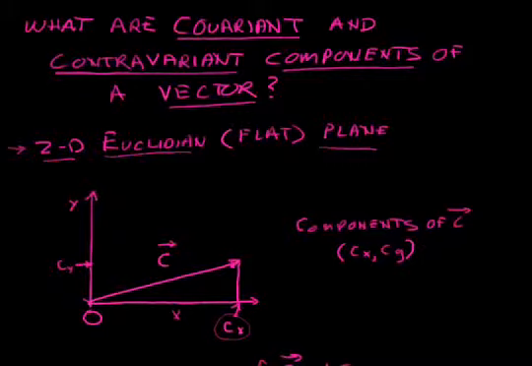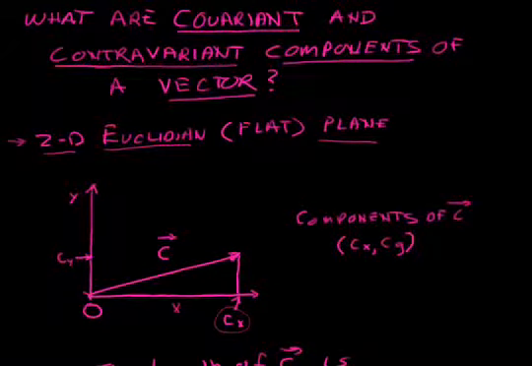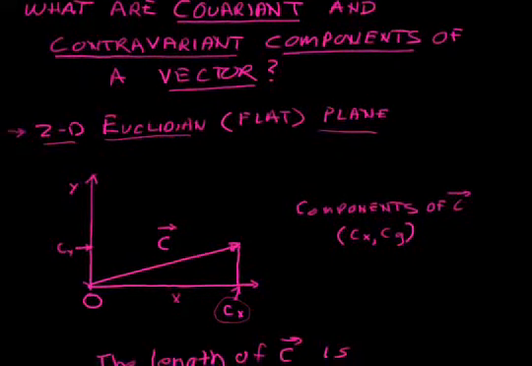Now, the idea of the length of a vector: no matter what your coordinate system, the length of a meter stick better come out to be 1 meter. So there's a formula for the length of c.